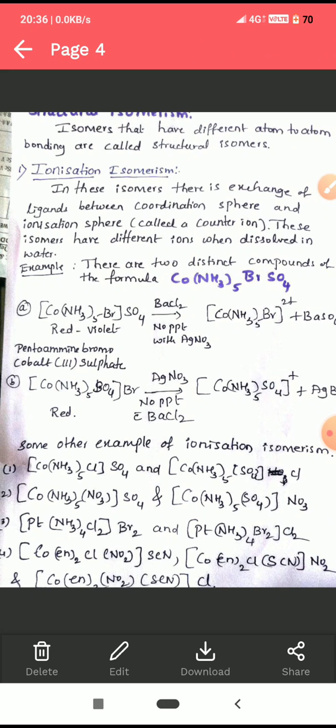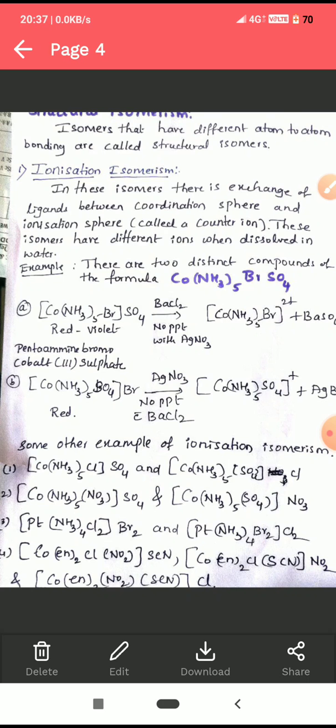In these isomers, there is the exchange of ligands. The type of the ligands will be the same, but the arrangement of the ligands between the coordination sphere and ionization sphere is different. Okay, when these ionization isomers are dissolved in water, they give different kinds of ions.